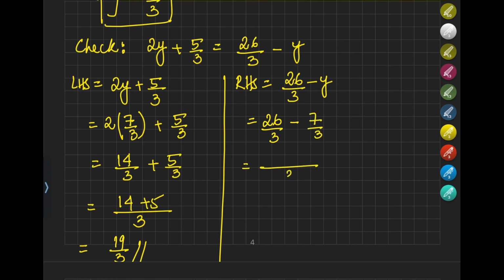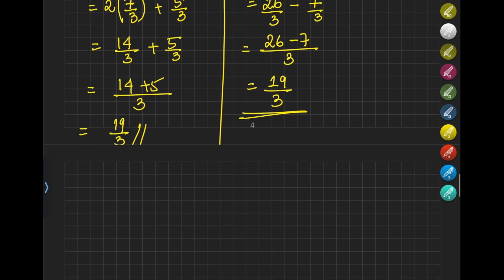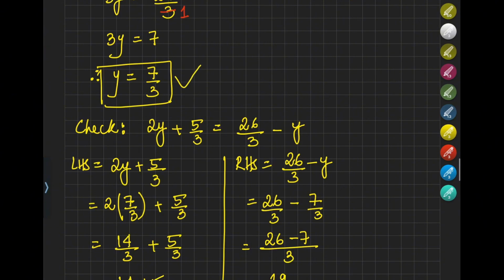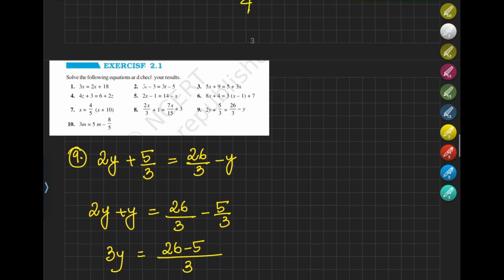Take the LCM as 3. So 26 minus 7 is 19 by 3. And we see that the left hand side and the right hand side are equal in this case also. Hence the value y = 7/3 is verified for the given equation.